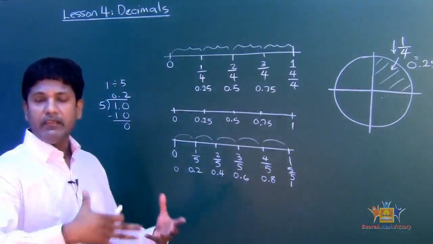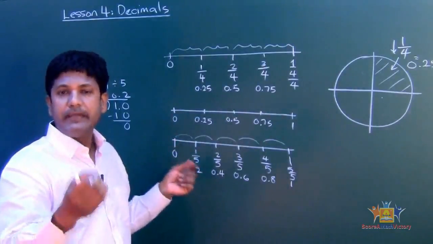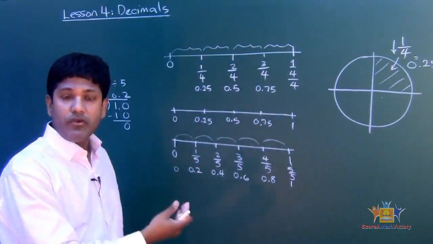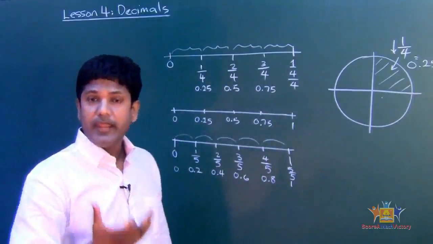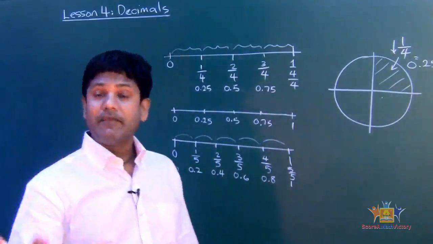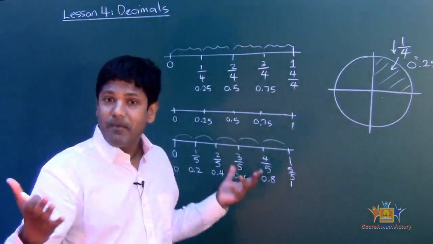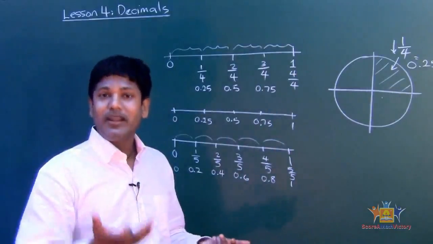Same thing, if I cut the string into 8 pieces, it's going to be 0, 1 over 8, 2 over 8, 3 over 8, 4 over 8, 5 over 8, 6 over 8, 7 over 8, 8 over 8. If I cut it into 9 parts, it's 1 over 9, 2 over 9, 3 over 9.